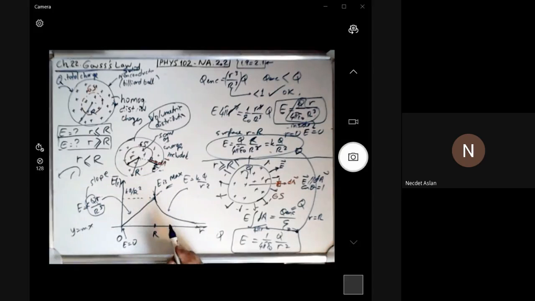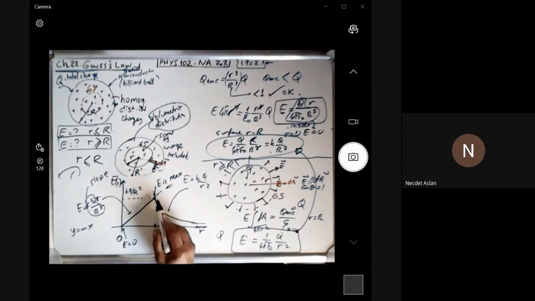So the slopes do not match. Although it's continuous, it doesn't have any slope here. So it's not easy to find the maximum by taking the derivative with respect to r and setting it to 0, because the derivative is not continuous at this point. But everywhere else it's okay. It's continuous, but doesn't have any slope.